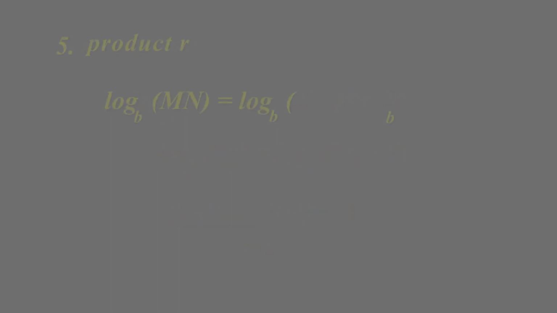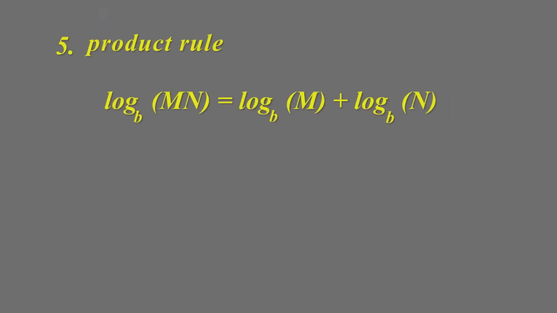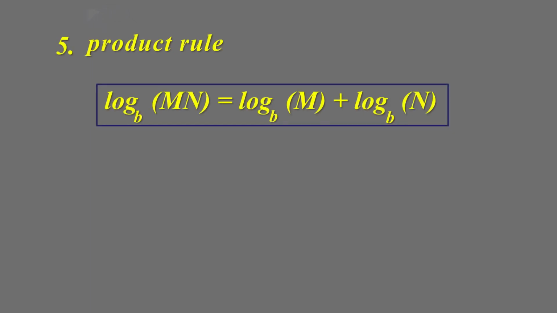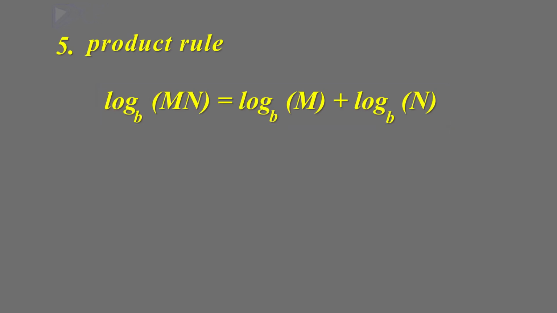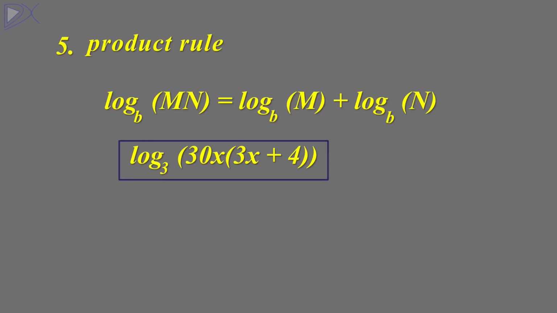Another property is the product rule, which is log b of mn is equivalent to log b of m plus log b of n, where b is greater than 0. An example is log 3 of 30x times 3x plus 4. We will expand this expression using the product rule.